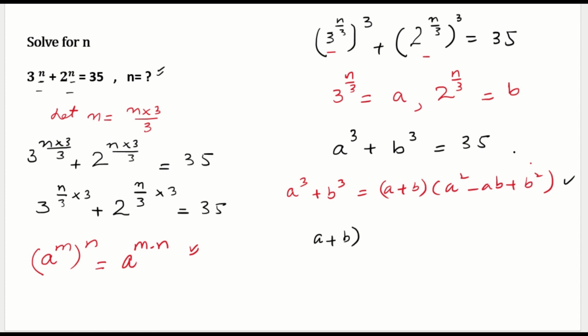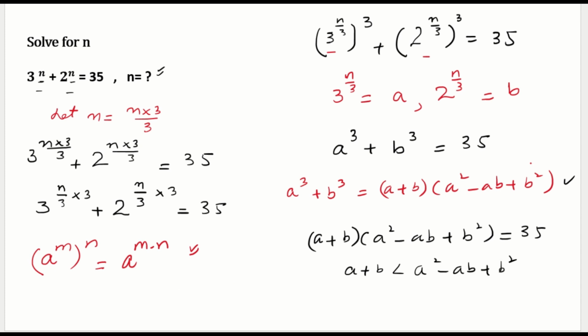So here we can write (a plus b) times (a square minus ab plus b square) is equal to 35. So here we know that a plus b is less than the expression a square minus ab plus b square. Why?